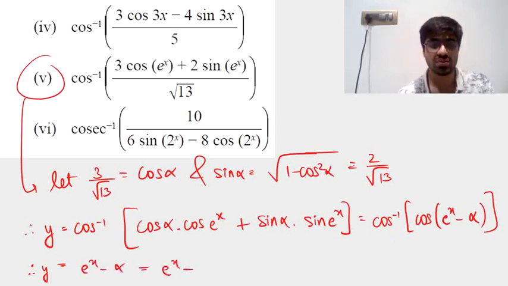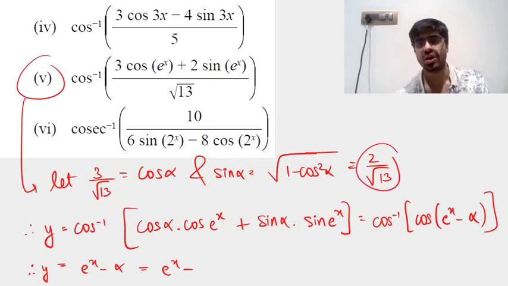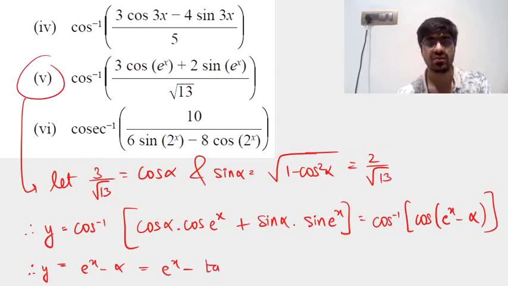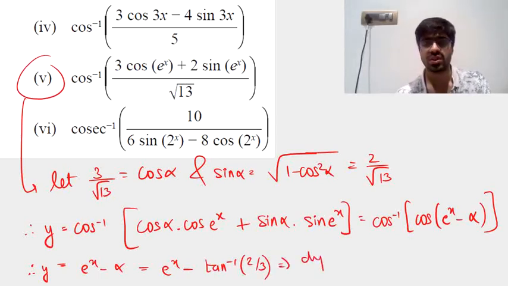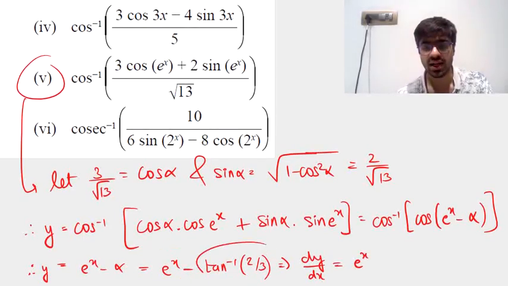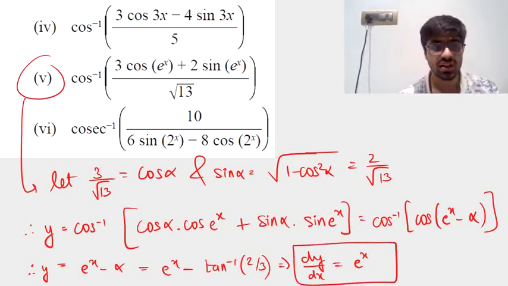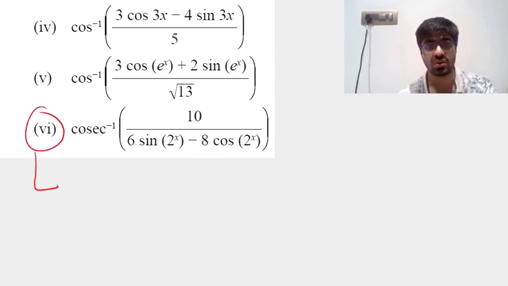This will be e power x minus alpha, with sin alpha 2 by root 13, cos alpha 3 by root 13. So tan alpha is this divided by this, which is 2 by 3. So alpha will be tan inverse of 2 by 3. So if this is y, then dy by dx will be obtained by taking a derivative of this. Derivative of e power x is e power x, and this is a constant, so derivative will be 0, so we have a minus 0 in the end. So dy by dx finally is e power x.